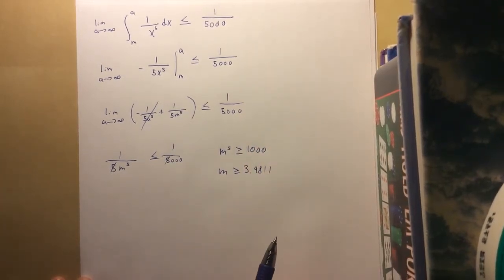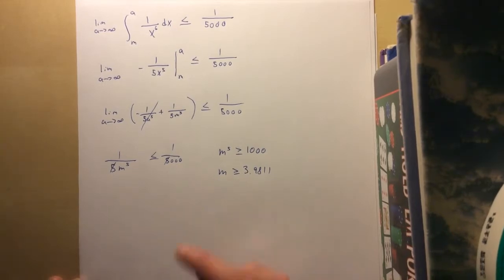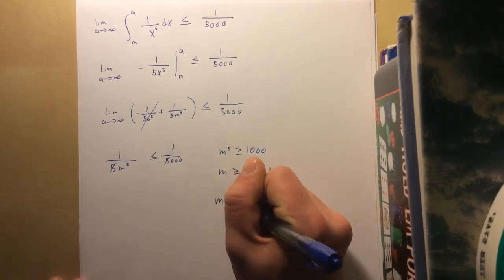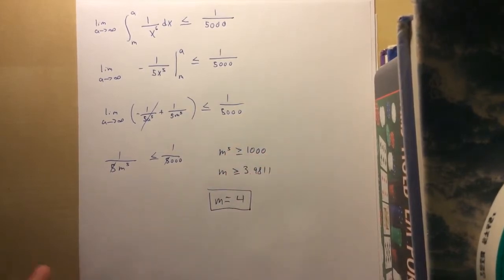Since the question is asking us for a value of m, it's always nice to round up. Always be conservative. It's okay to have error that's less than the requested error, but it's never okay to have error that's greater than the allowed error. So m equals 4 should do.